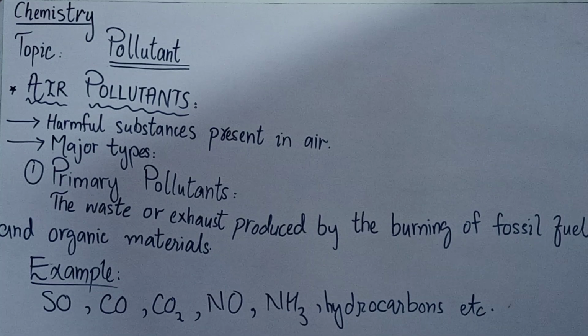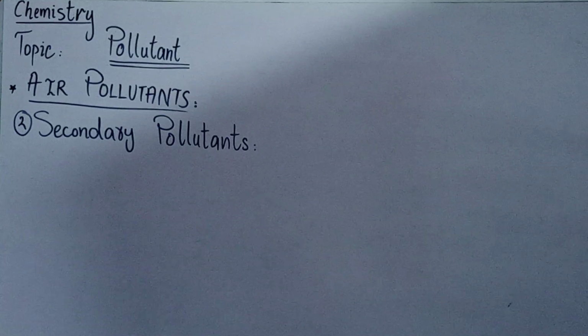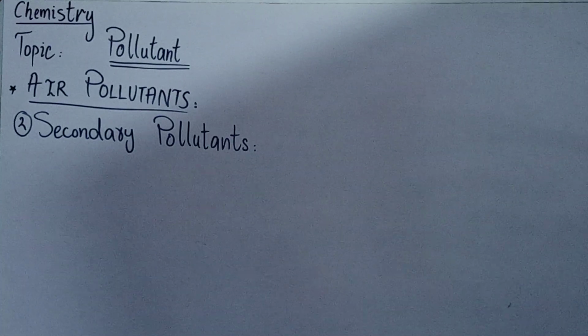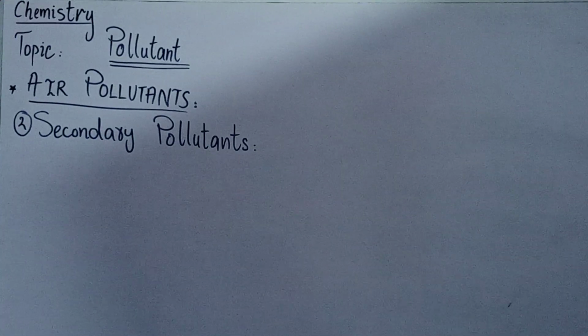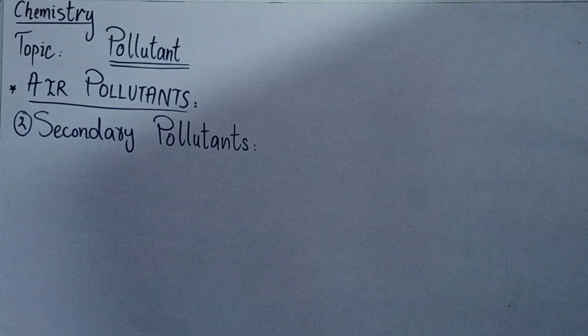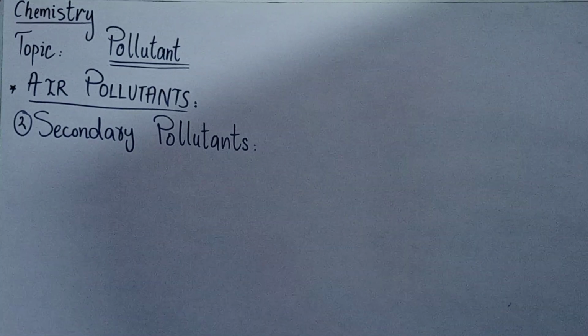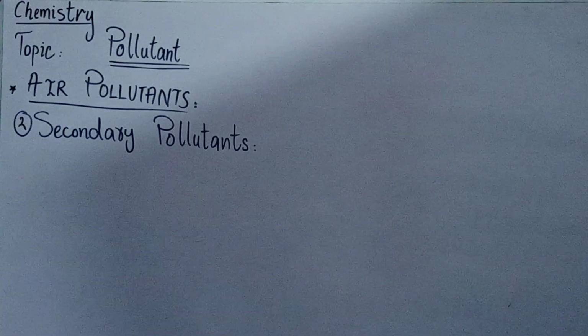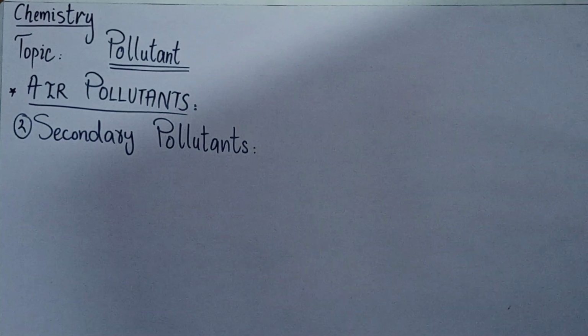Now come to the second type, secondary pollutants. Secondary pollutants are those pollutants that are obtained from primary pollutants through a variety of processes. For example, sulfuric acid, carbonic acid, nitric acid, hydrofluoric acid, ozone, and peroxyacetyl nitrate, also known as PAN, are the secondary pollutants.